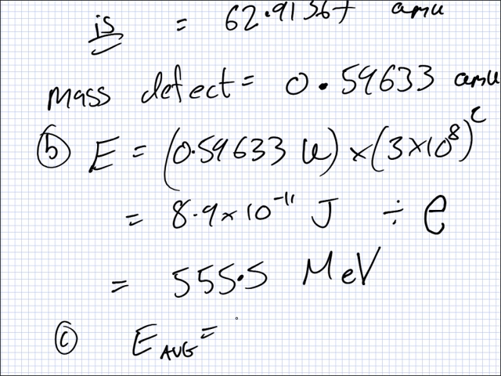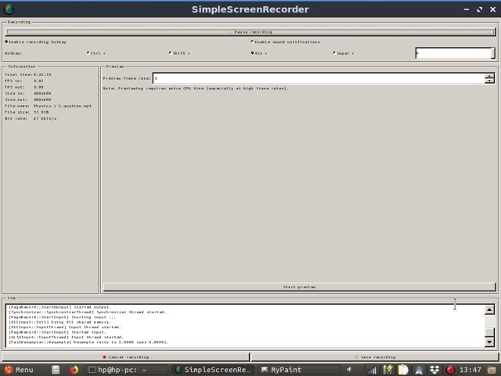So what do I do? Divide by 63. 8.817 mega electron volts per nucleon. Okay? Yep. I can stop the recording.